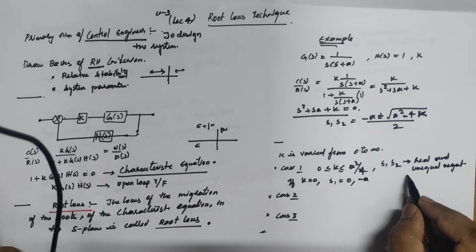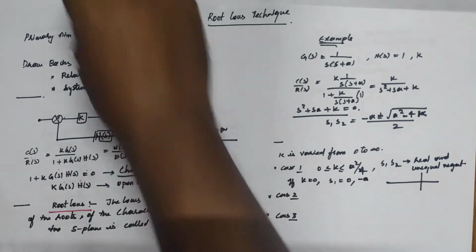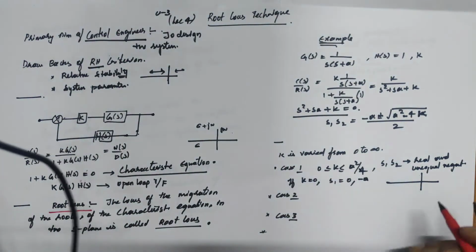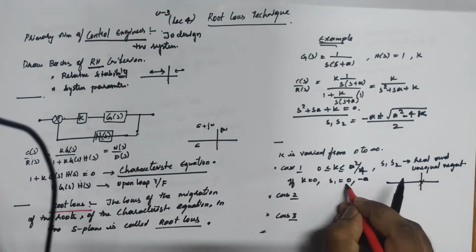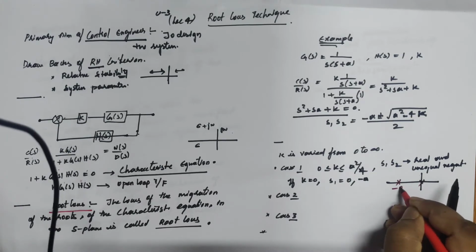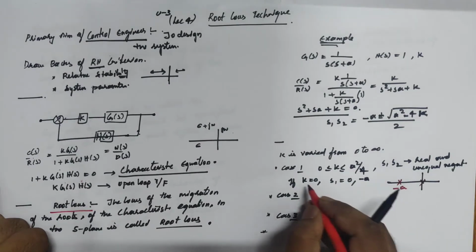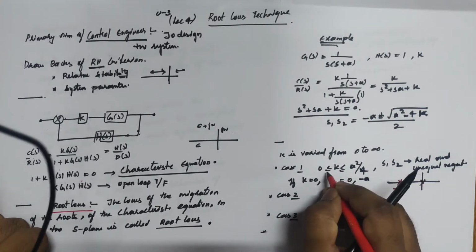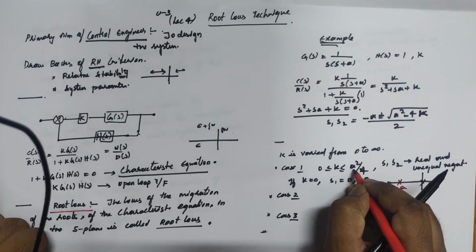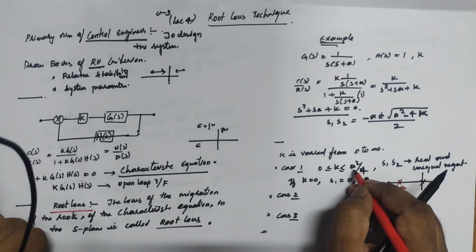So how will I place these? I will place one root at the origin, s equals 0, and the other at minus a. For example, if k is varied from 0 to a square by 4, let us take a as 10 or a as 100.